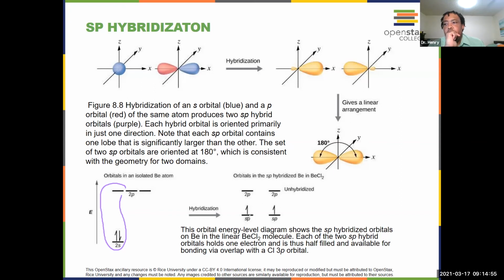So now the sharing between chlorine and beryllium is going to be done with that sp orbital, right? So now chlorine could put its 1 electron in here. So this will be from chlorine to sit there and make beryllium happy, right?